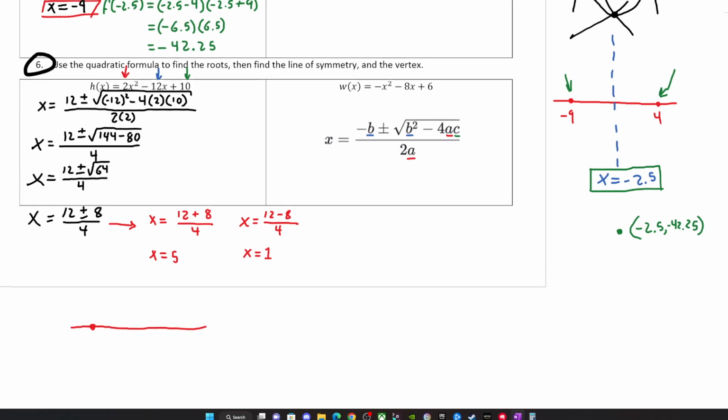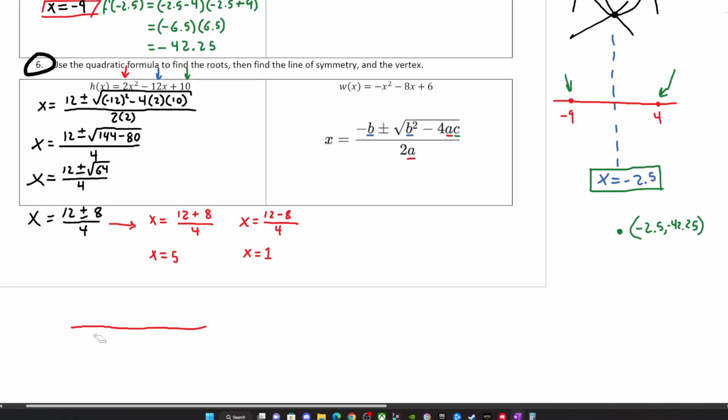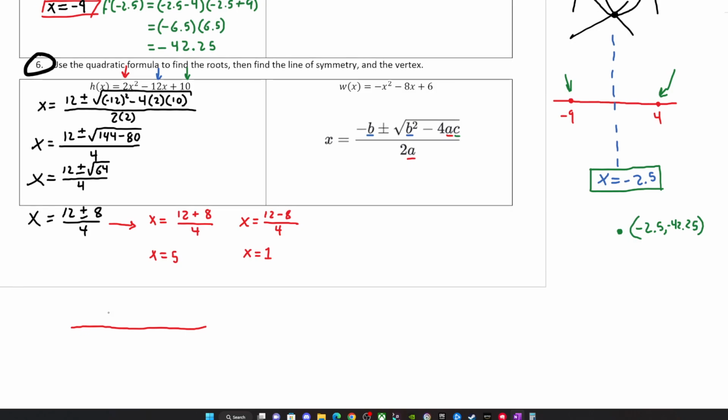Actually, let me use a different color. Here's my x equals 1. Okay, it's gonna be right there. That's 1. Then my x equals 5. That'll be right there. That's 5. Okay, the parabola will come down and then it will go up from here.